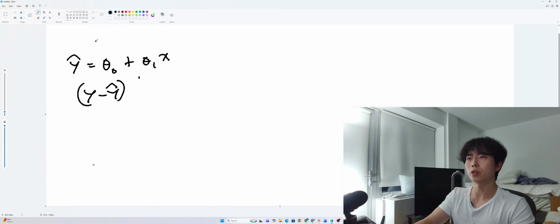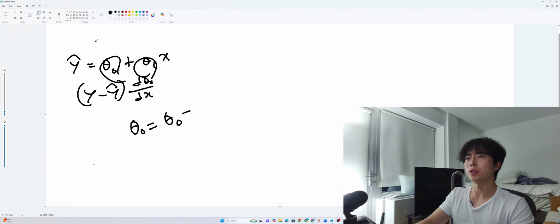So we take the partial derivative of each feature in terms of each input. We do this for every single feature, and we subtract the partial derivative for each of these features.